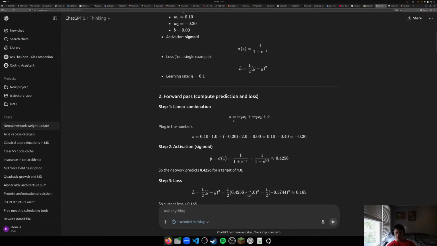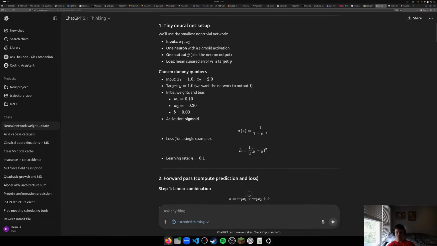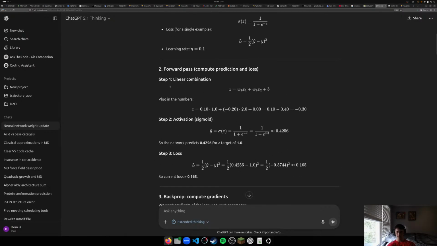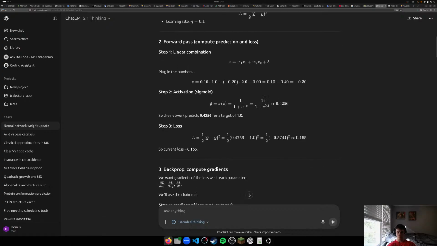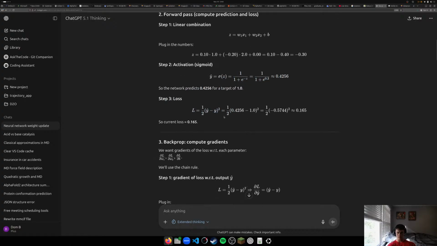All right. So these are just the features here. So you plug in the numbers, right? And it's just a linear combination of those, so minus 3. And so we want to scrunch that between 0 and 1, so that's what the sigmoid does. And then we can do the loss. So this is the mean squared error.